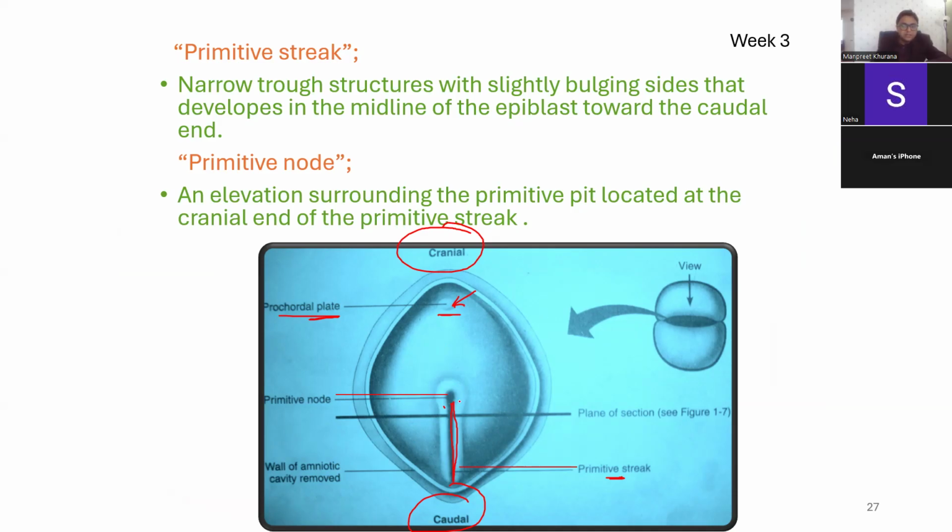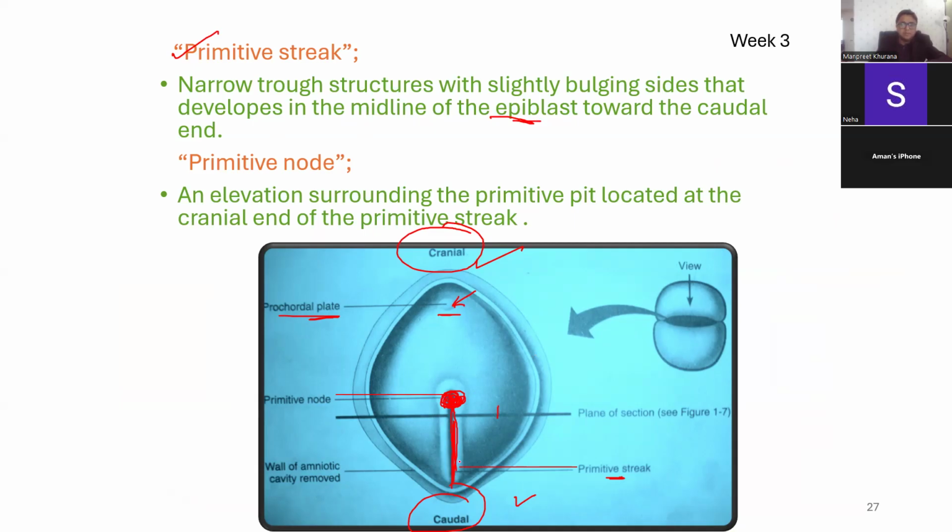Now there is a small node which is formed at the cranial end of the primitive streak. Whenever we talk in embryology about where something is happening, we talk in terms of the cranial and caudal end. Towards the cranial end of the primitive streak, a primitive node is formed. So what is the primitive streak? It is a narrow trough-like structure with slightly bulging sides that develops in the midline of the epiblast towards the caudal end.